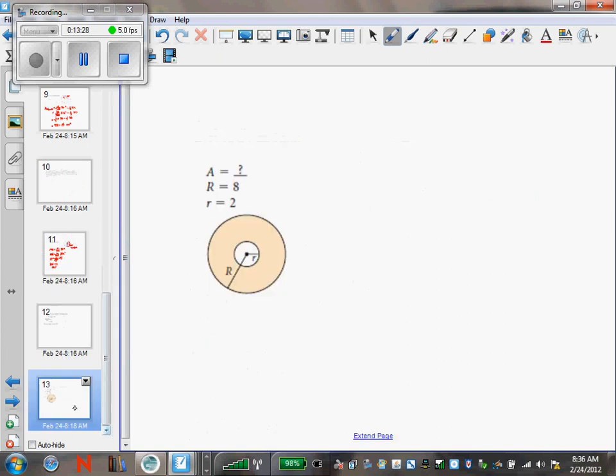I'd like to do one more example of finding the area of an annulus. So put me on pause and work this problem. Okay, let's see if you got it correct. Our formula is pi times big R squared minus pi times little r squared.